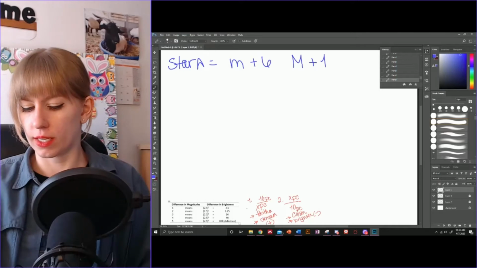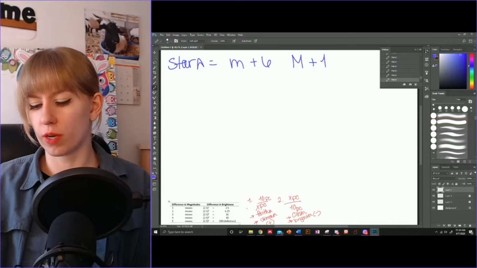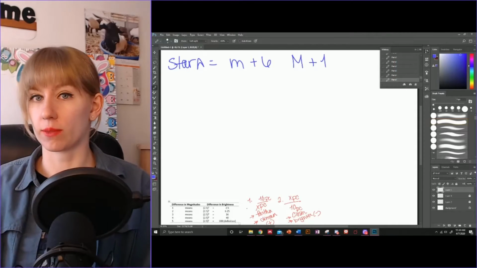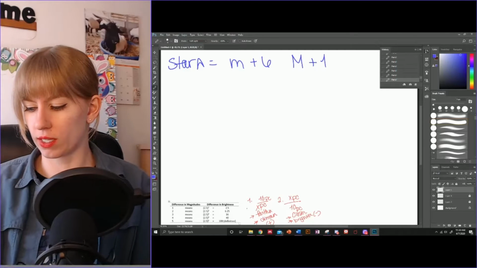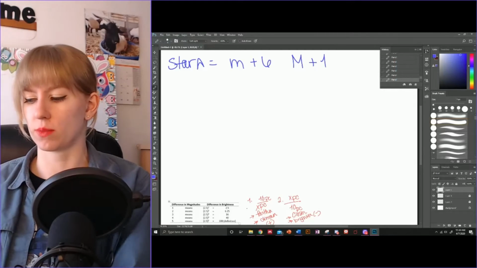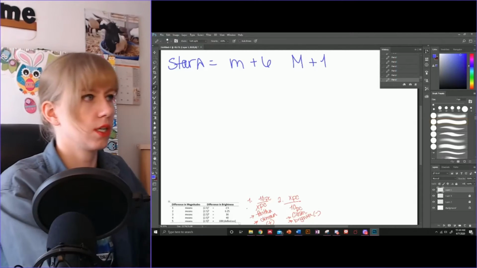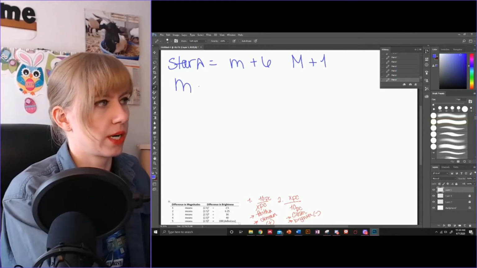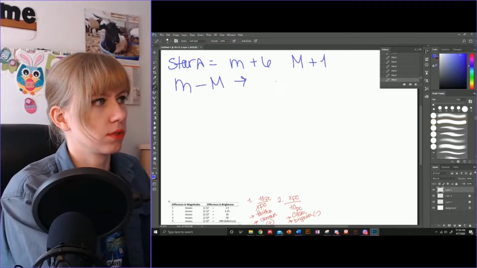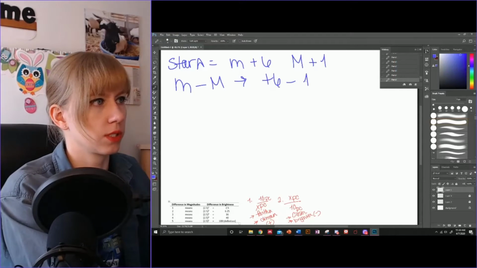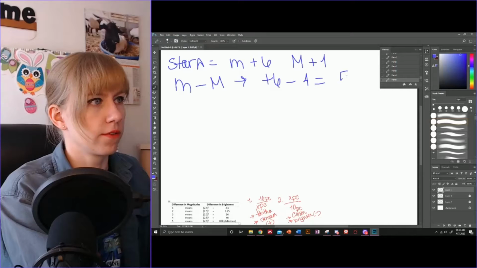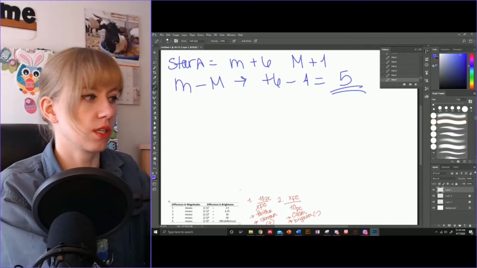And it honestly starts off appearing very, very complicated. It looks really complicated, it sounds really complicated, it just seems scary, and it's really not as scary as it is. So the first thing you do is you subtract your apparent by your absolute. So you do +6 minus +1, right? So we get 5. That is our difference in magnitude.